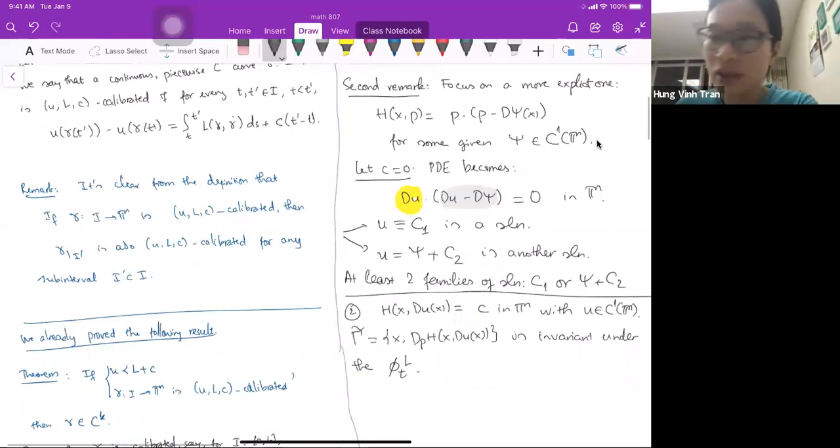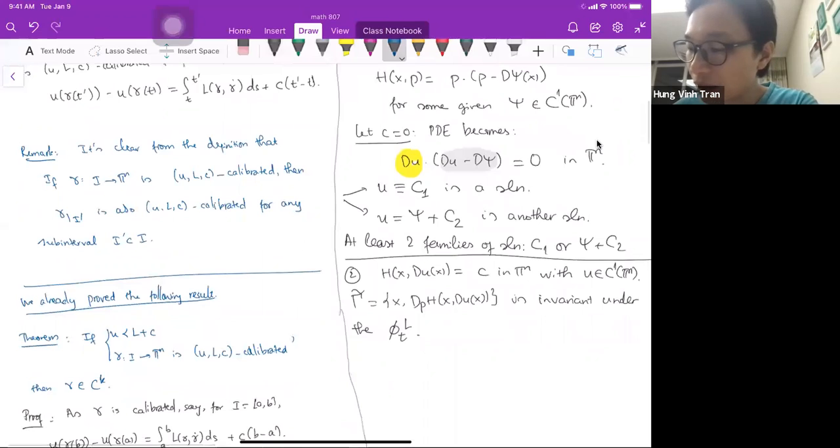Okay, so there was a question by your peers: why wouldn't you consider the minimizing problem first? If you consider this problem, you start with a point (x0, v0), where x0 is given in the torus, and v0 is nothing but D_pH(x0, Du(x0)).